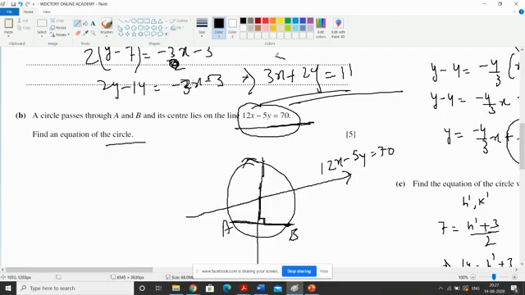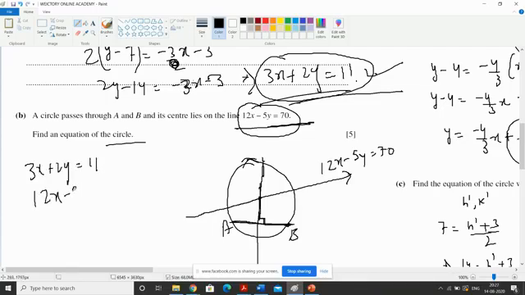So the intersection of this line and this particular line will give you the coordinates of the center. So 3x plus 2y equals 11 and 12x minus 5y is equal to 70. Just solve that simultaneously, you will get the center.